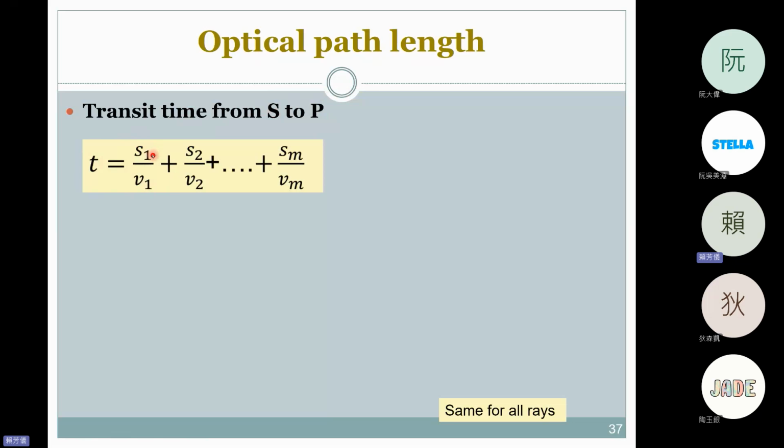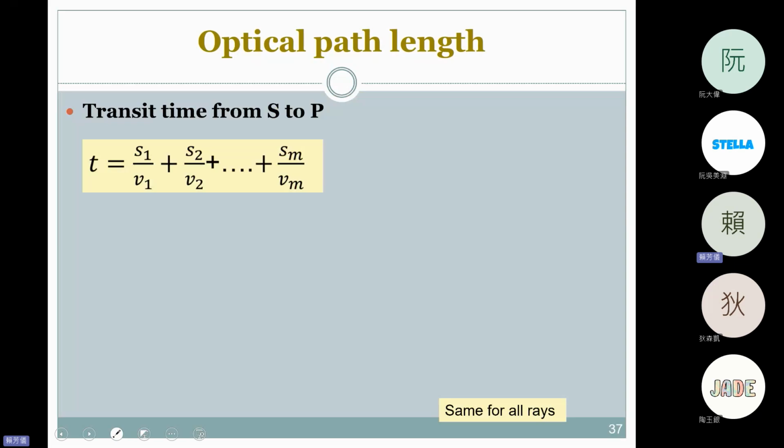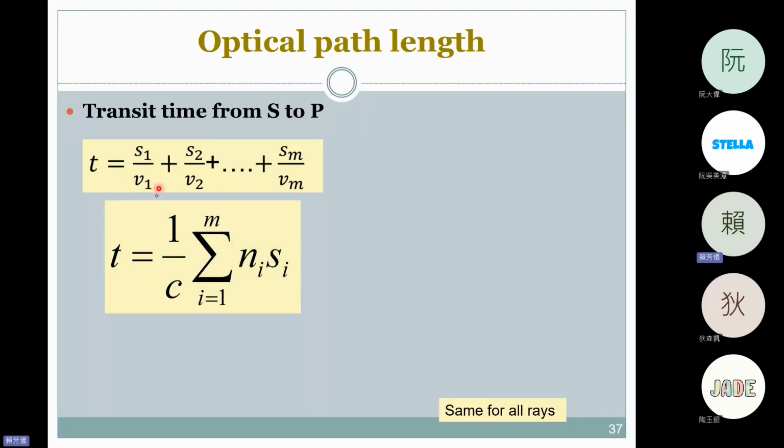So when the light travels in the first medium, the time spent will be S1 divided by V1. Traveling in the second material, that will be S2 divided by V2, and so on. V1 is equal to C divided by the refractive index, right?